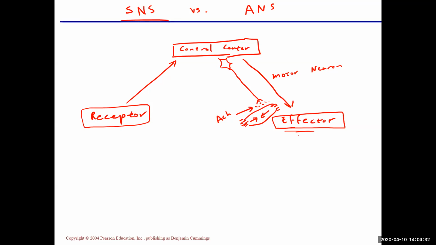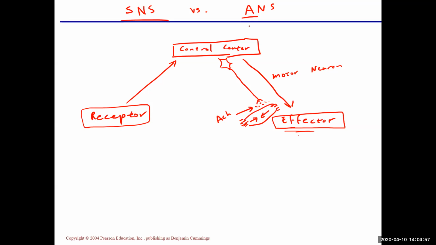So what about the autonomic nervous system? How is the autonomic nervous system different from the somatic nervous system? That's what we wanted to get at. Interestingly enough, when we hear autonomic, it kind of reminds us of automatic. In other words, these are the things that we don't have control over.